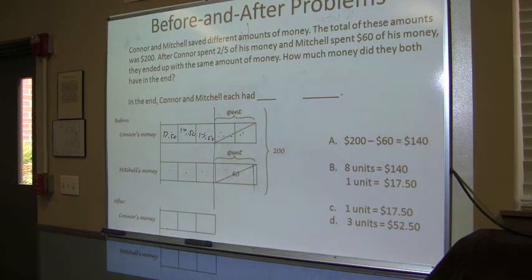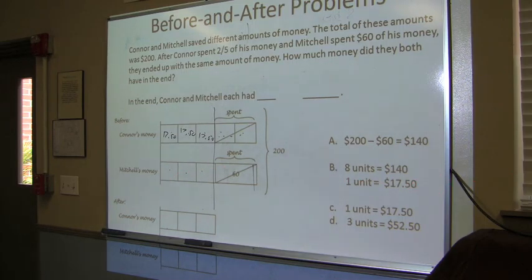Okay, then we take away what we know in terms of the money, 60 from 200 to give us 140. And then I see 5 units up here, 3 units down here, and those 8 units should equal $140. So each unit should be $17.50.